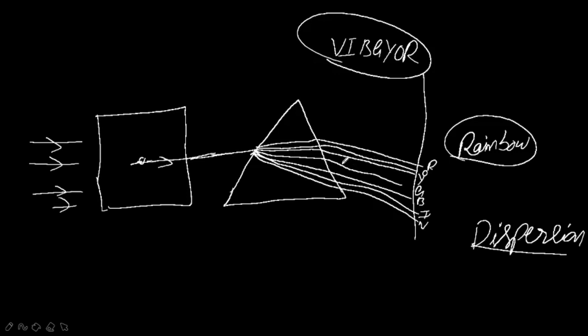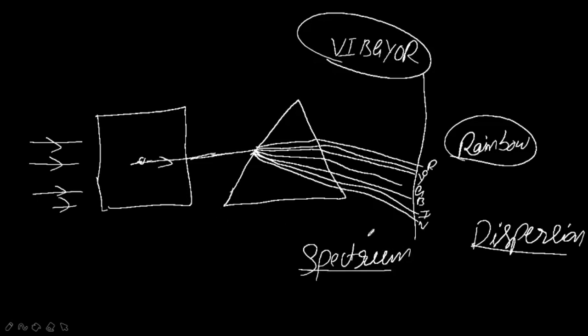Here, whenever the white light splits, the colors are arranged in an orderly manner. We call this arrangement a spectrum. What do you mean by spectrum?